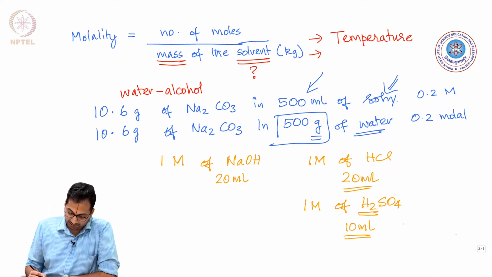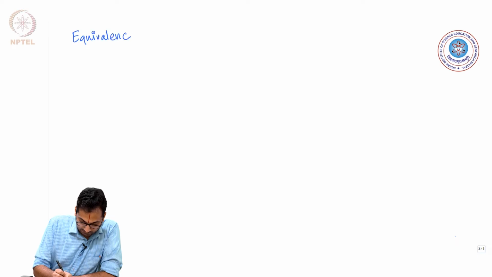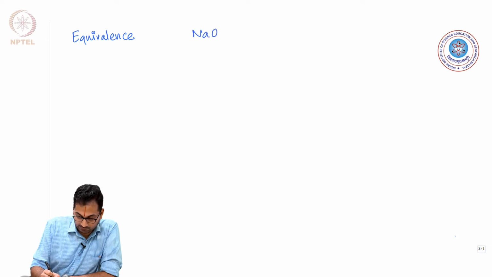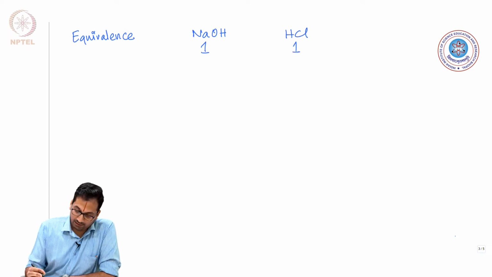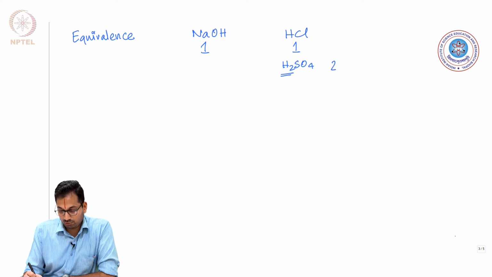So this brings us to the concept of equivalence. For NaOH and HCl, the equivalence here is 1:1. On the other hand, H2SO4 basically provides 2 equivalents of H plus.